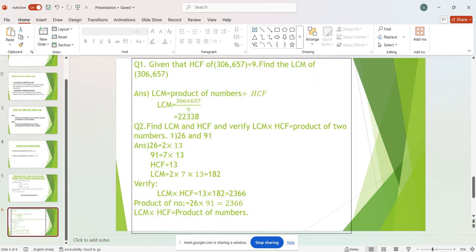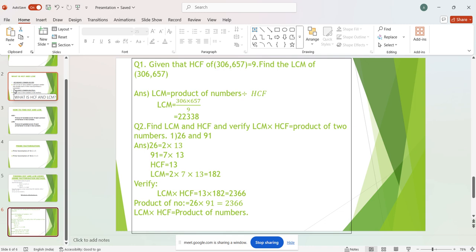And then using this equation, one question is given: HCF of 306 and 657 equals 9. So the numbers are 306 and 657, and the HCF is given as 9. You have to find the LCM of 306 and 657.